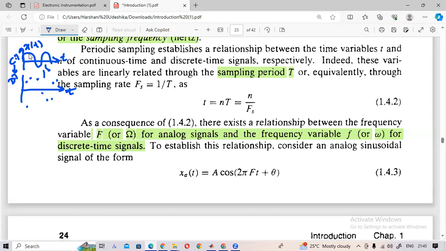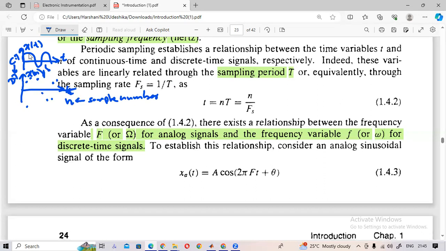So instead of time, you are using n, that is the sample number. You are normally representing a discrete time signal using the sample number. So it is a function of n, a function of the sample number. So it will be x[n].